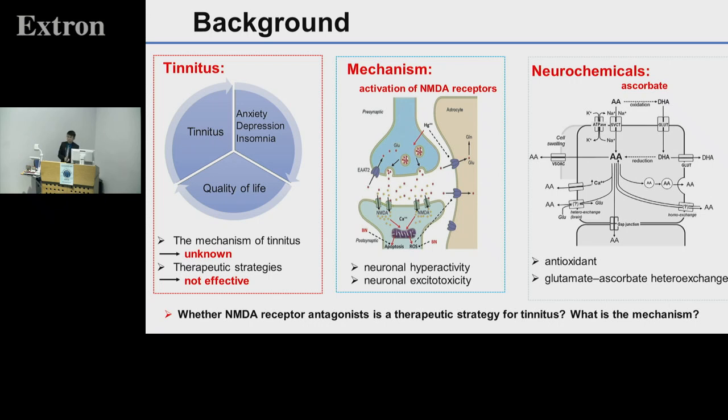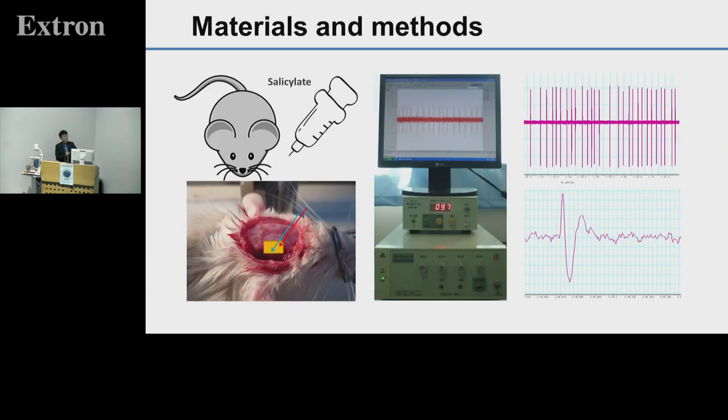It is an antioxidant, and also a neuromodulator; it can be used in the glutamate-ascorbate heteroexchange. We want to know how they are changing, and we would like to know if NMDA receptor antagonists will play some role in treatment. So here is what we did.